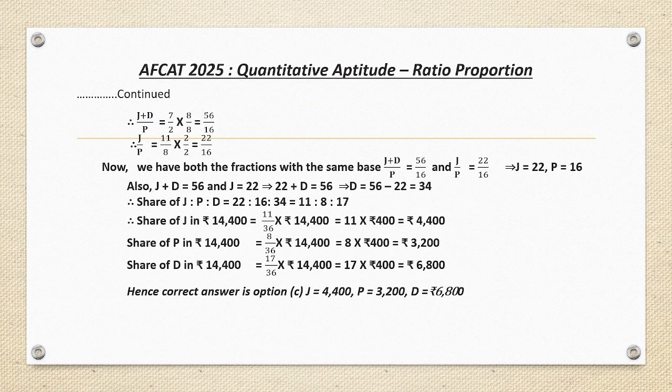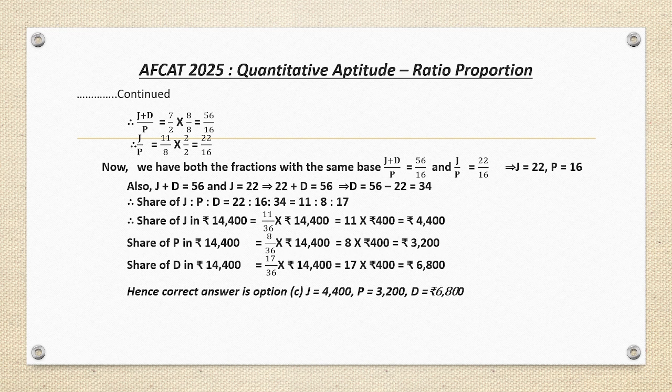So J plus D by P, what we are doing, we are going to multiply and divide by 8. So 7 divided by 2 into 8 divided by 8. That is going to be 56/16. And J by P, we are going to multiply and divide by 2. So 11/8 into 2/2. That is 22/16. So now in both the fractions, we have got the denominator as 16. Now we can easily compare them. Right?